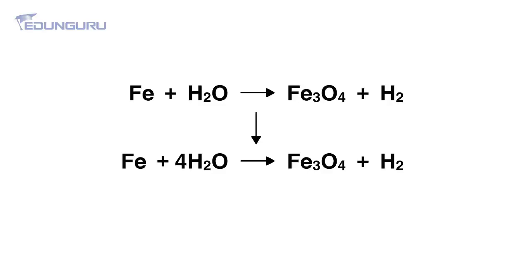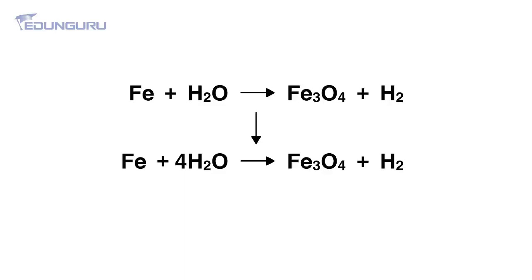Now let us go to the next element which has the maximum number of atoms. If you look carefully into the equation, you will find that it is iron, which is in Fe3O4 in the product side. Iron has 3 atoms.